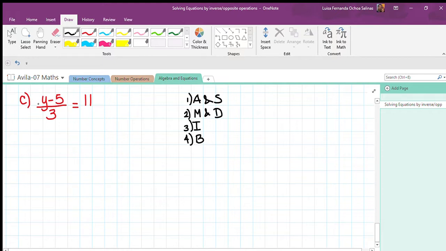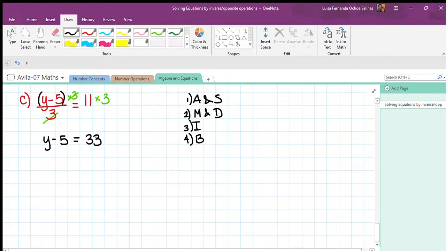So it's as if I had a bracket here, which means that this y take away 5 goes into last place, okay? So the first thing that I am actually going to do is multiply by 3 both sides. When I do that, I can cancel this 3 and this 3, and this becomes y take away 5 equals 33.